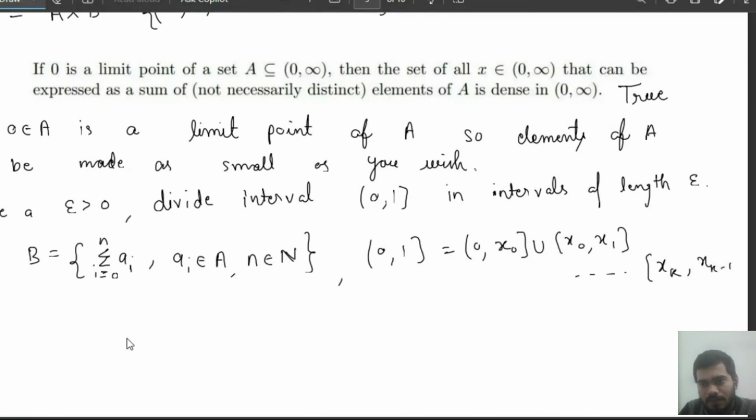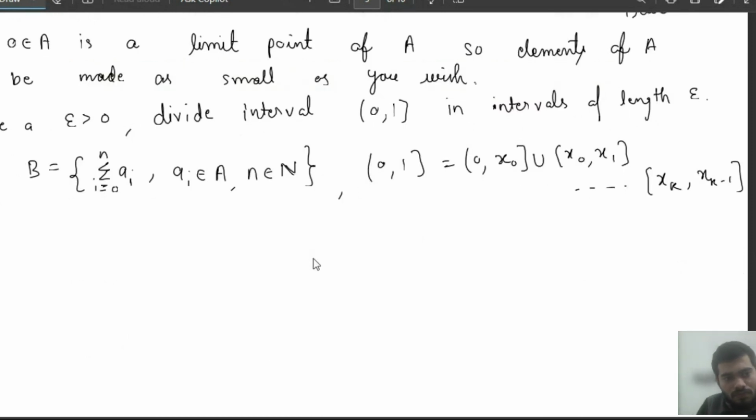Each part has length equal to epsilon, and then what will happen?